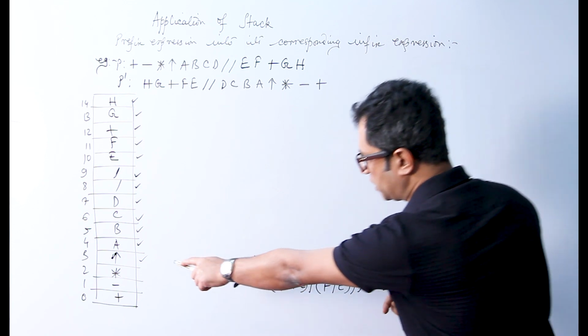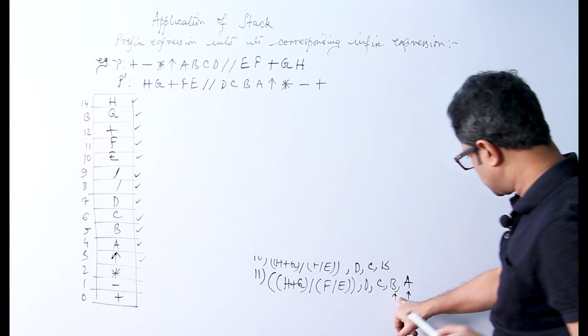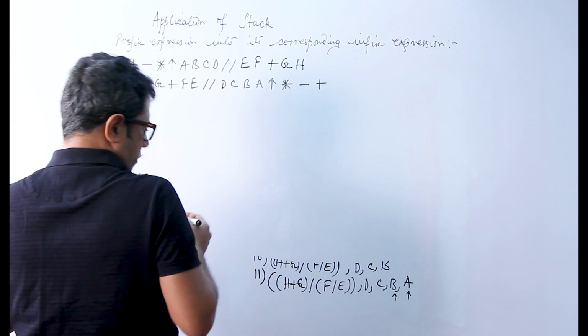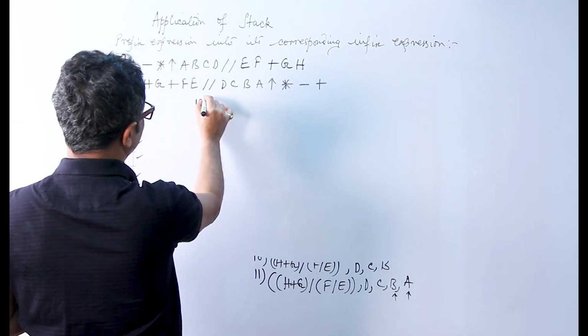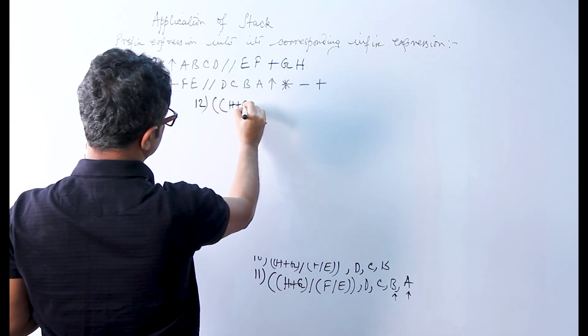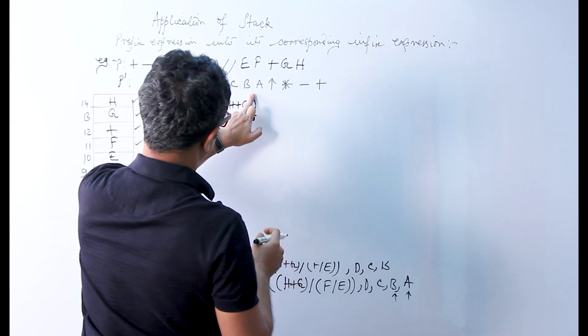That is, we have just encountered this exponentiation. We will perform the exponentiation operation between this b and a and write the result in this way. So this is the 12th step. So this will be h plus g. Sorry, not like this.